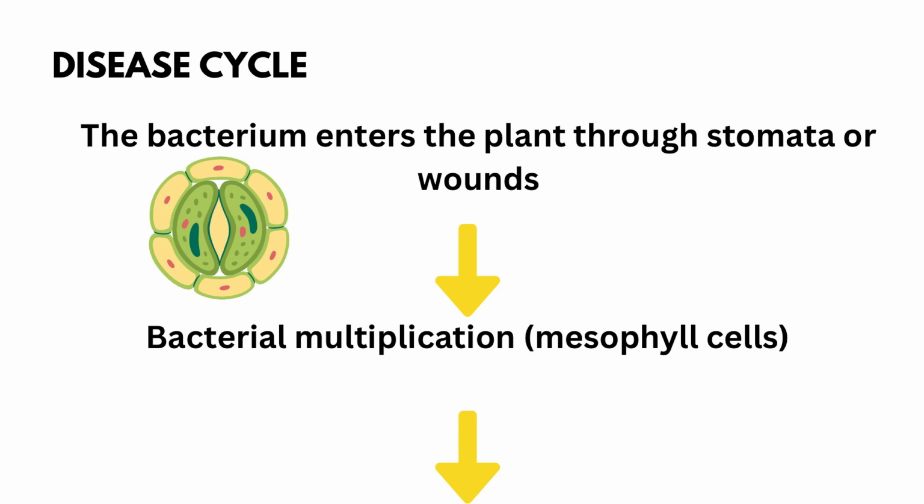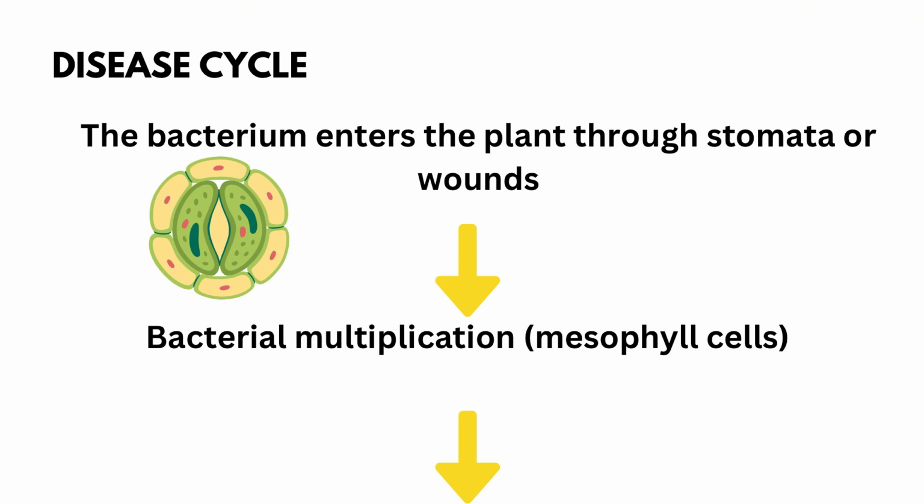Disease cycle. The bacterium enters the plant through stomata. Stomata are tiny openings or pores found on the surface of the leaves, stems or other plant organs. So the bacterium enters either through stomata or through wounds caused by mechanical damage, rain, wind or insect activity.